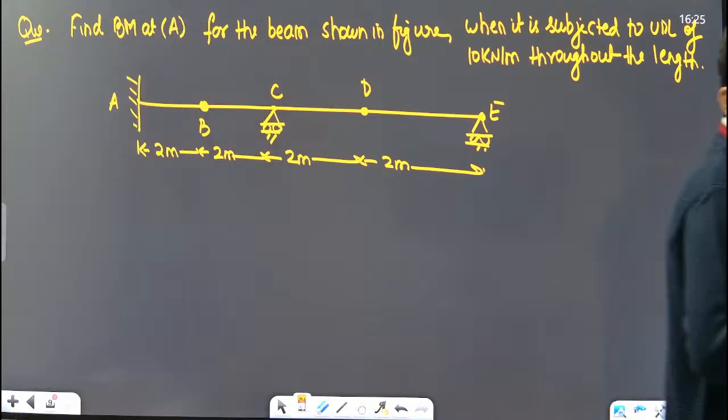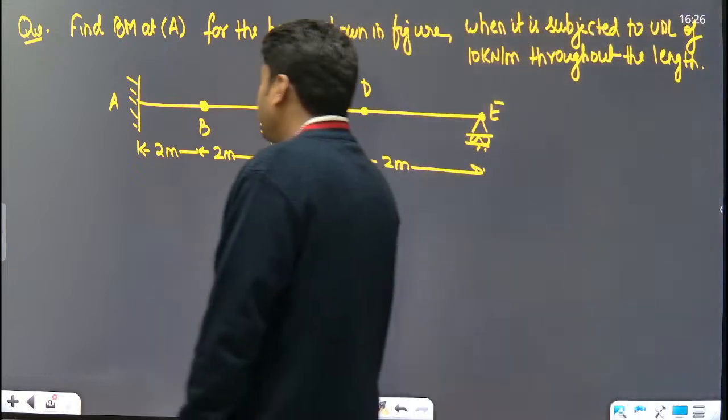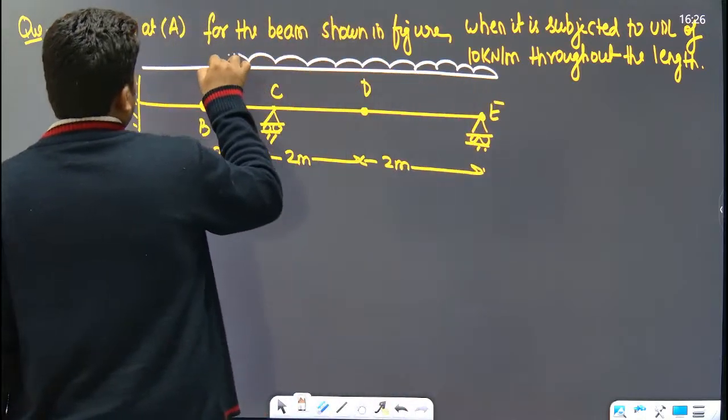Now solve it. Give it a try, everyone. You need to find the bending moment at A, and it is subjected to UDL of 10 kilonewton per meter.